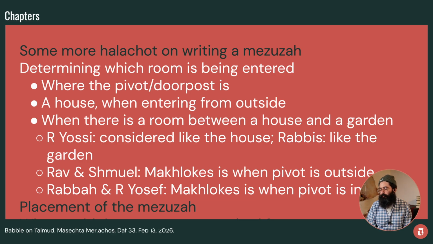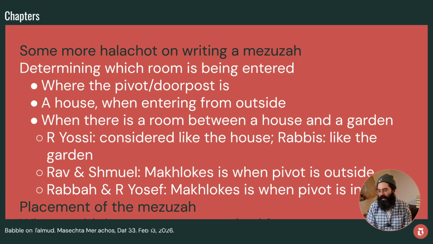When there is a room between a house and a garden, we had said that Rabbi Yossi considers it like the house and it requires a mezuzah. The rabbis say it's like the garden, it doesn't require a mezuzah. Rav and Shmuel had said that the machlokas is davka when the pivot is outside. When the pivot is inside, everyone agrees it requires a mezuzah.